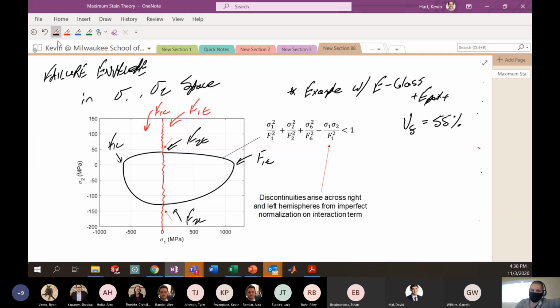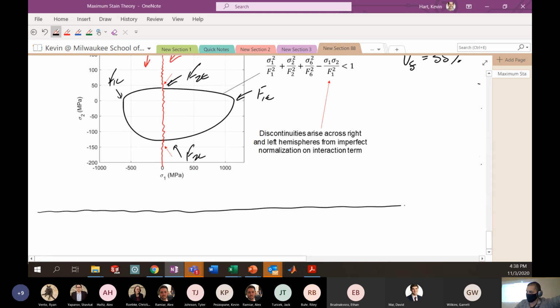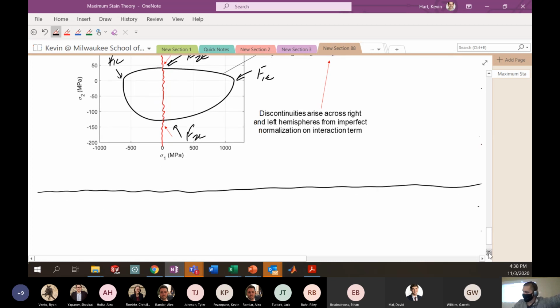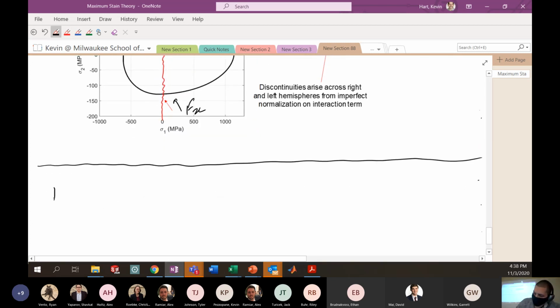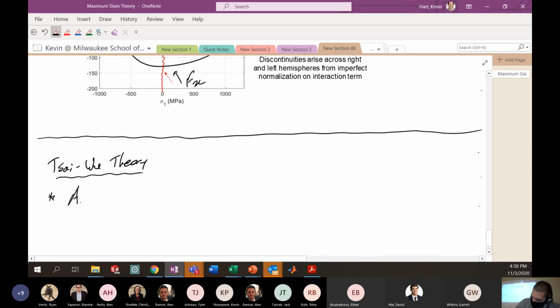Okay, so that's your Tsai-Hill theory. The last one we're going to talk about is presented without derivation. And that one's a little bit crazy. It has similar flavors to Tsai-Hill, and that's an energy-based theory. This one's called the Tsai-Wu theory.